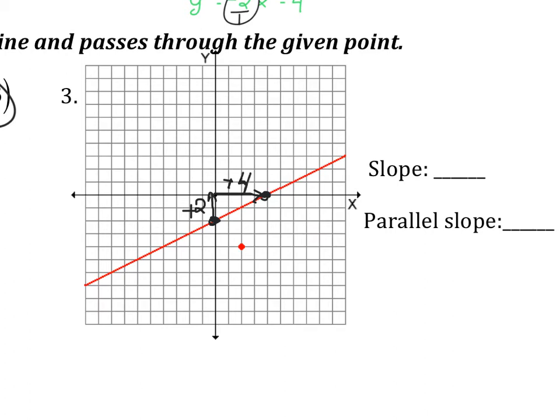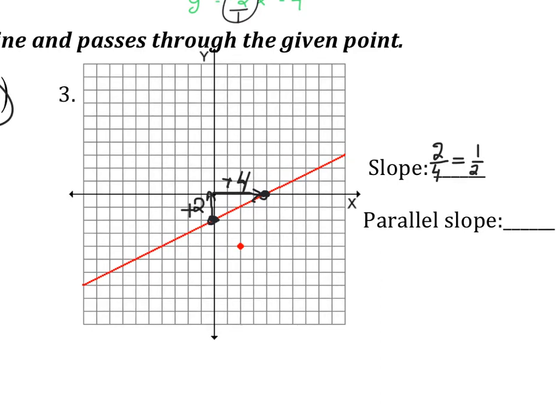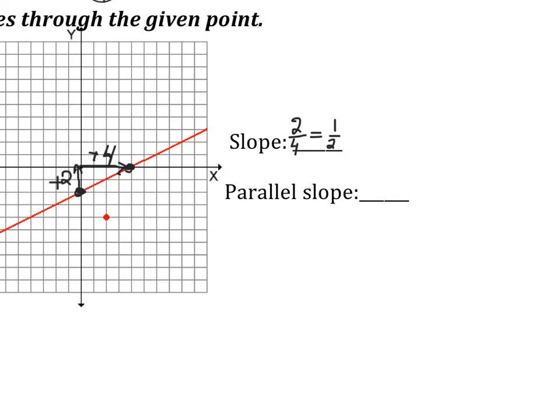So our slope would be 2 over 4, which simplifies to 1 over 2. And for our parallel slope, that would be the same exact slope, so 1 over 2. And we want it to go through this point right here, which is the point positive 2, comma negative 1, 2, 3, 4, negative 4.